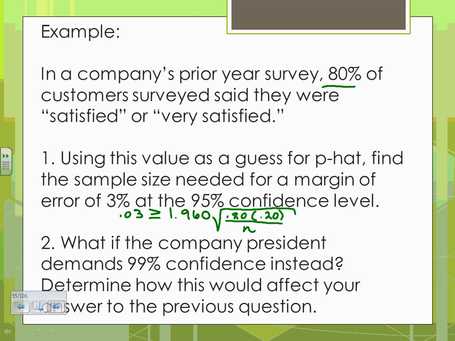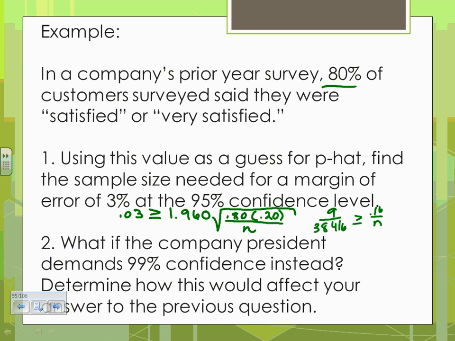So take your 0.03 divided by 1.96, which we just did. That was 3 over 196. And we definitely want to square that. So I have 9 over 38416 is greater than or equal to 0.16 over n.